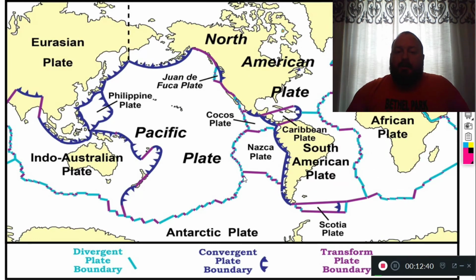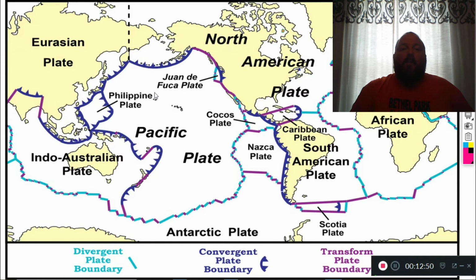The bluer, kind of triangled lines, those are going to be our convergent boundaries. And the transform, the ones that are slipping past one another, are in purple. So what I want you guys to do is explain why this area here has so many islands on it using what you know about tectonic plates. So go ahead, pause the video, make that explanation, and we'll come back together.